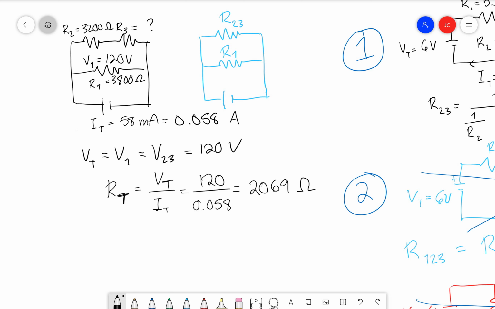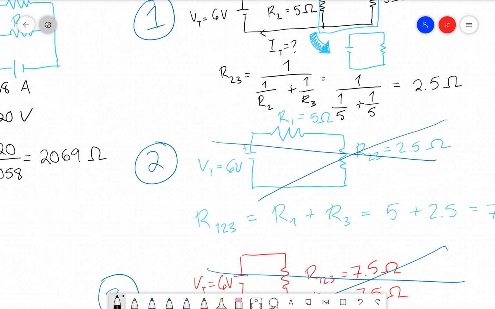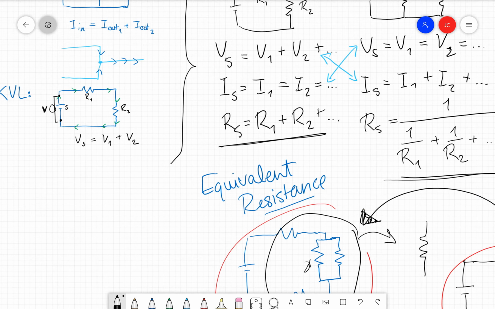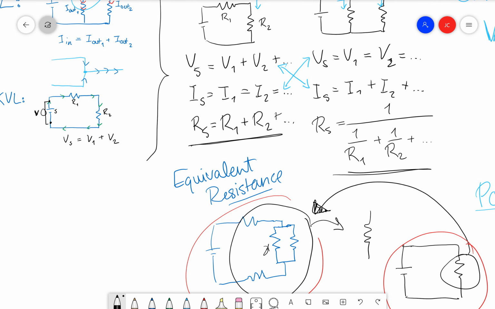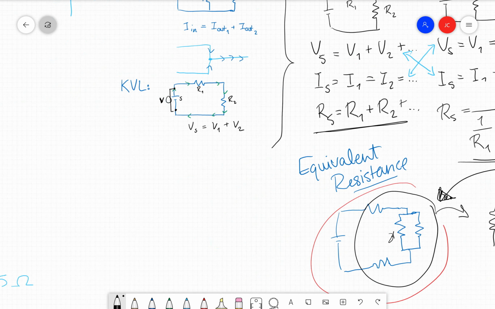So R23 and R1 have this resistance relationship from our formulas over here. Remember these guys? It's the one with the 1 over 1 over R1 plus 1 over R2 and so on. So let's apply it. We know that RT is going to equal 1 over R1 plus 1 over R23.